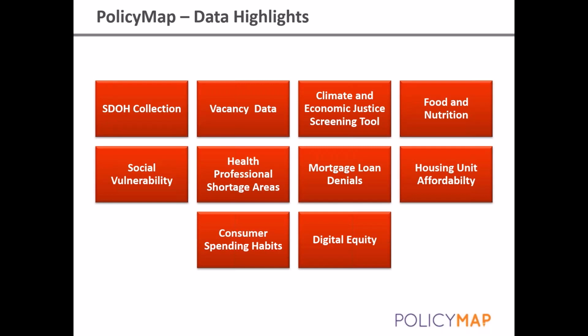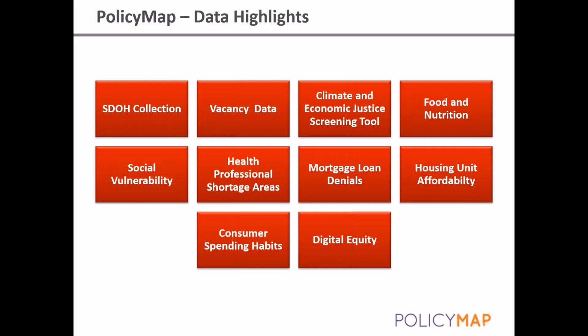Another data set that we'll talk a little bit about is a relatively new data set to PolicyMap, and that is the data from the Council on Environmental Quality. It's a data set called the Climate and Economic Justice Screening Tool, and that is used to pinpoint disadvantaged communities facing challenges in 8 key areas.